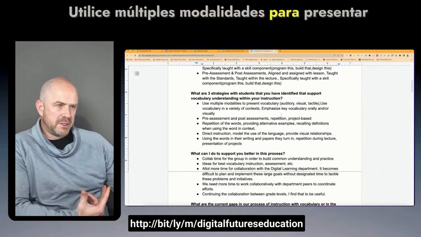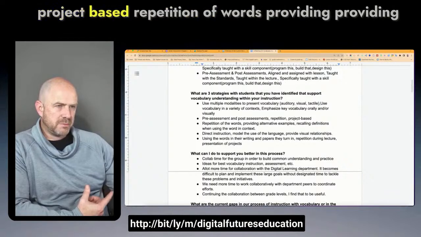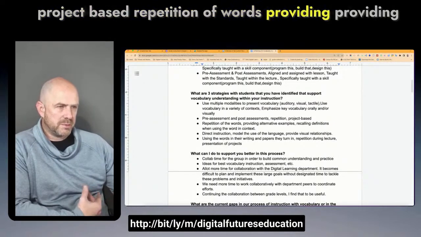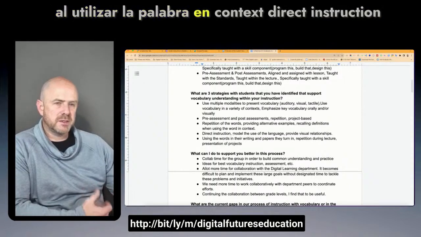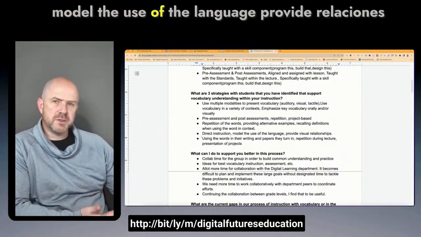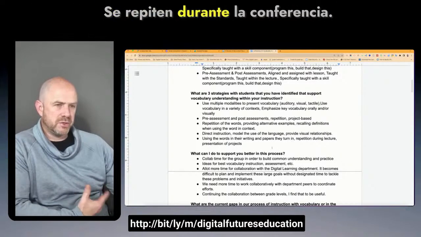Use multiple modalities to present vocabulary: pre-assessment and post-assessment, repetition, project-based, repetition of words, providing alternative examples, recalling definitions when using the word in context, direct instruction, model the use of the language, provide visual relationships, using the word in their writing and papers they turn in, repetition during lecture.